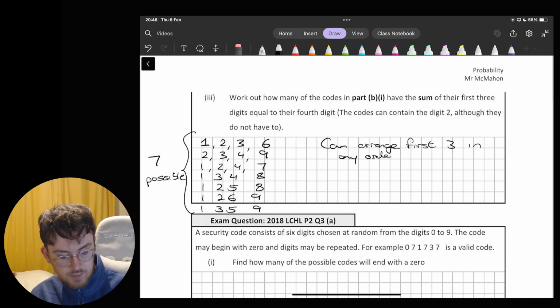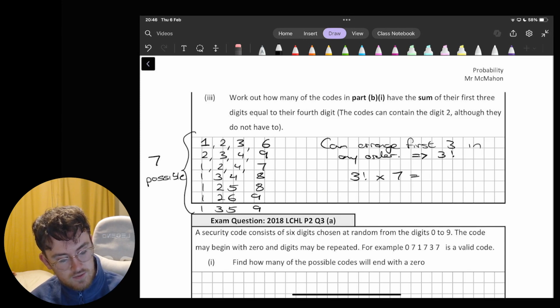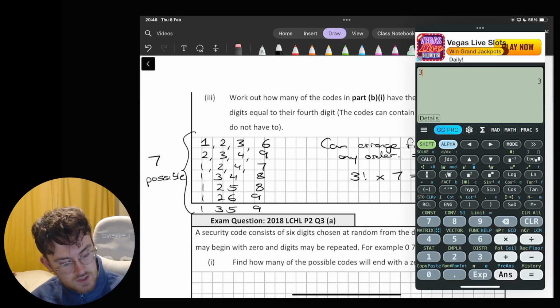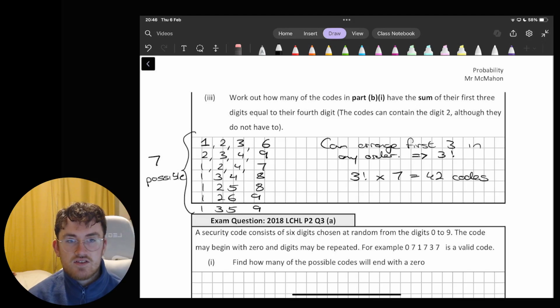They just have to add up to give the last. So the number of ways of arranging those first 3 digits is 3 factorial. So we have 3 factorial ways of arranging all 7 different codes, which is 42. So there are 42 different codes that satisfy this requested scenario.